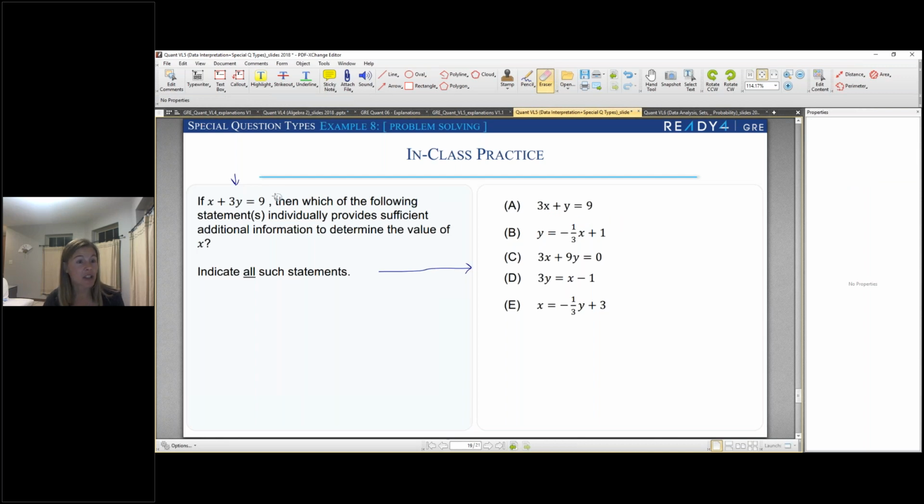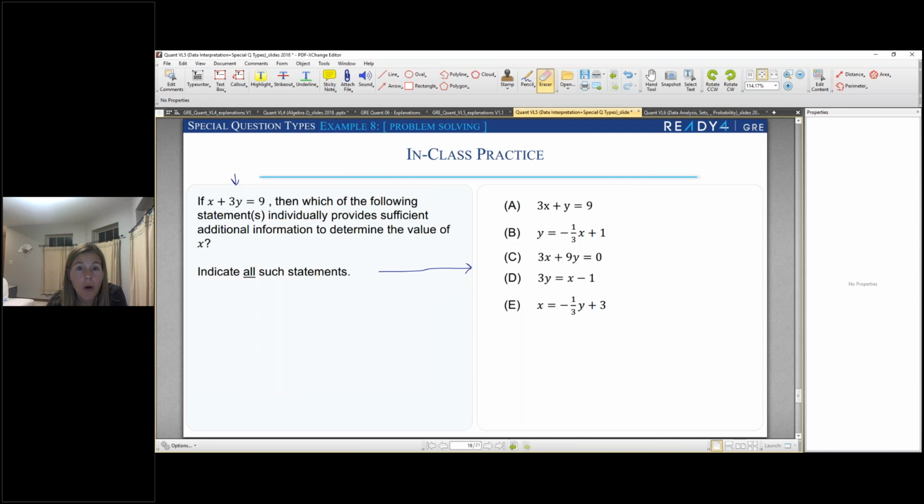The other time you won't get a solution is if it turns out these are the graphs of lines, remember? And if it turns out the lines never cross, if they're parallel, if they have the same slope, there will never be a solution. Because the definition of a solution to a system of equations is where the lines cross. If they're parallel, they never cross, there's no solution. How do you know? They'll have the same slope.